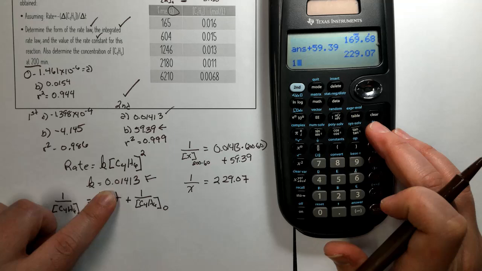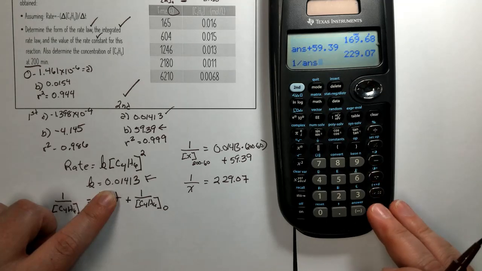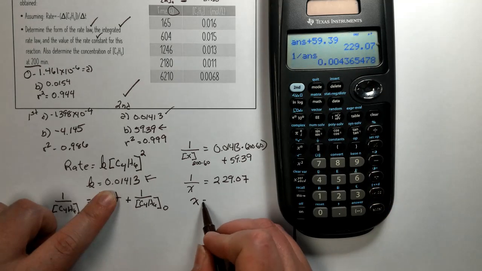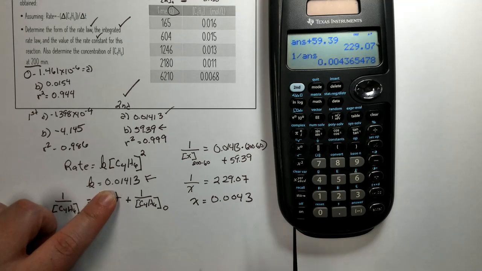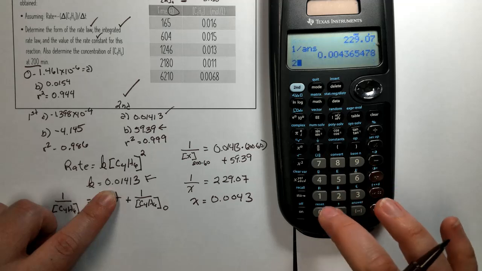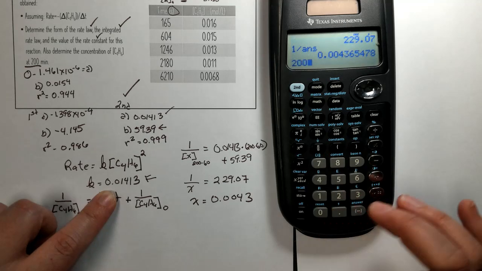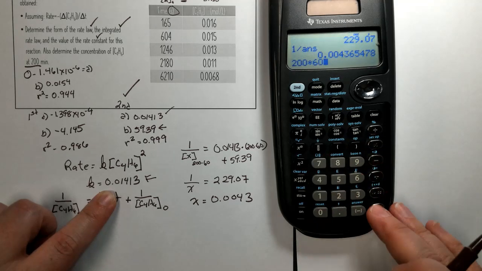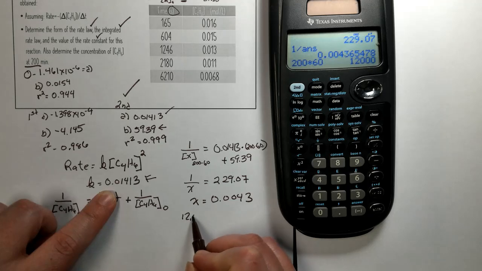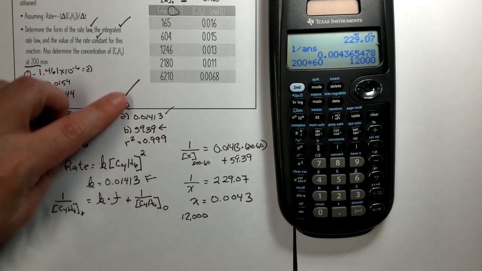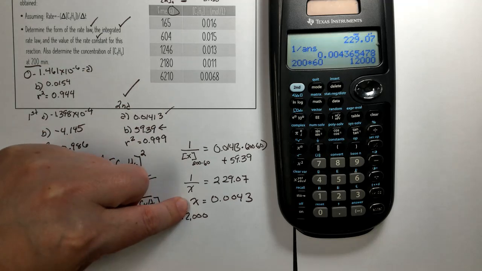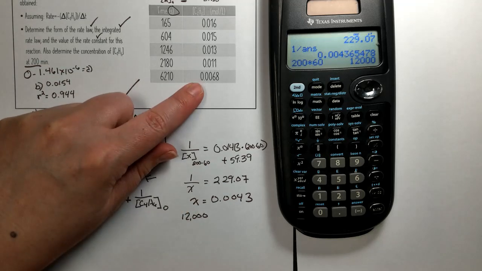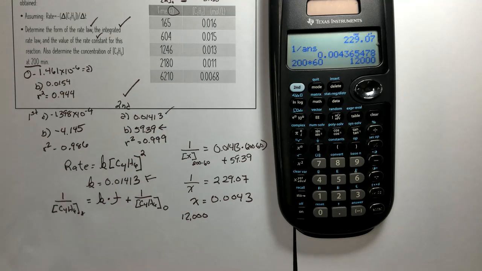We're going to take the inverse of that, and we get x to be equal to 0.0043. Okay, and that's the time at, so 200 times 60 gives us a value of 12,000 seconds, which is a little less than double here, and we have a value that is less than this value, so that makes sense.